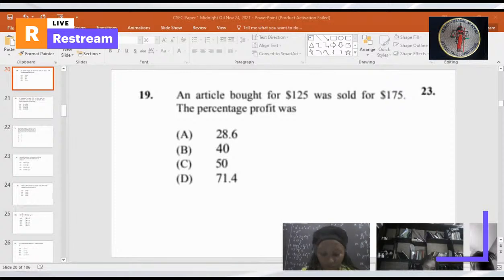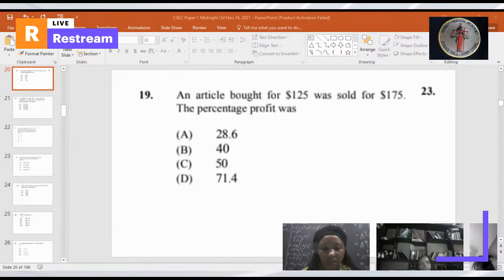First we must find the profit. To find the profit, you do the $175 minus the $125, which gives us $50. Okay, so $50 profit over 125. And then what?